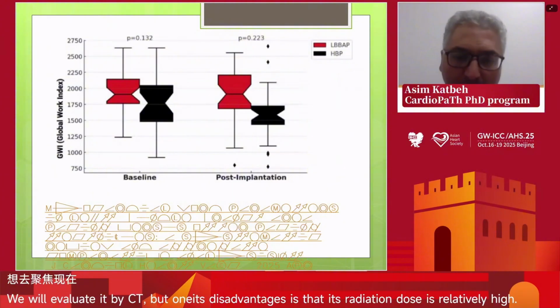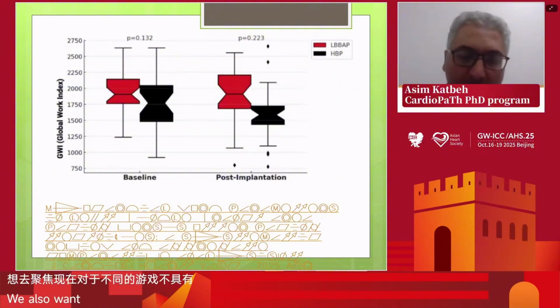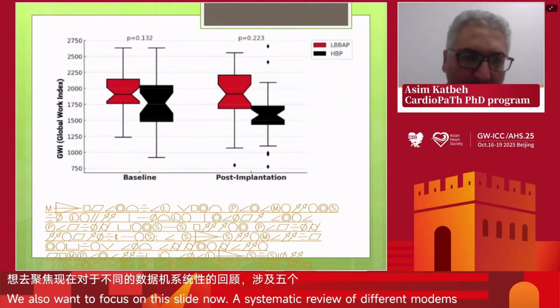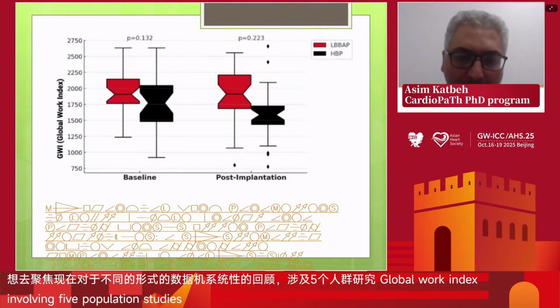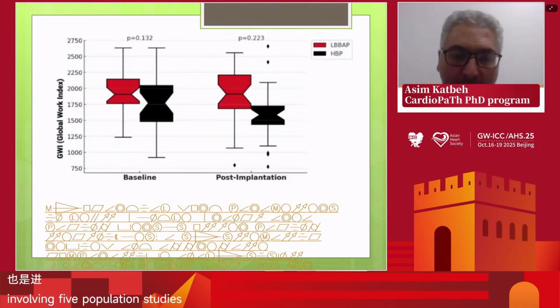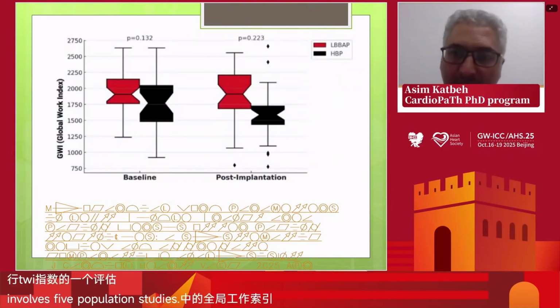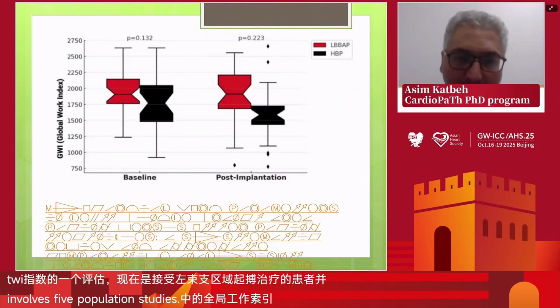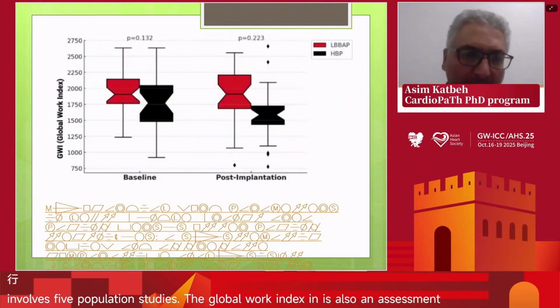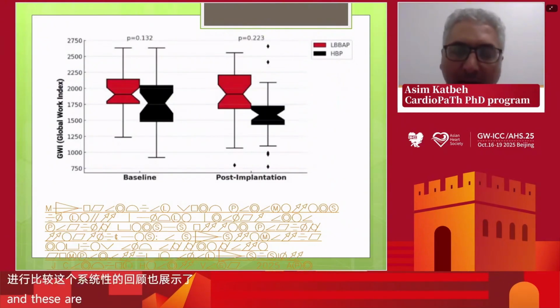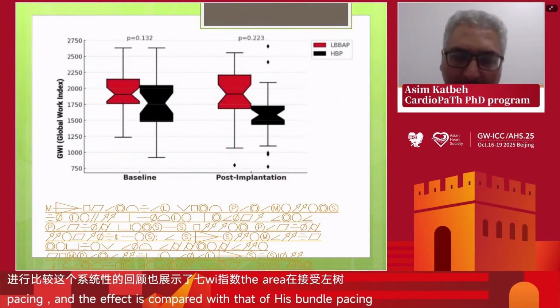This is a systematic review of 5 published studies that measured the global work index in a group of patients with left bundle branch area pacing, compared to other pacing techniques such as His bundle and traditional CRT. This systematic review demonstrated that the global work index improved in the group with left bundle branch area pacing compared to baseline and to the other groups, but the p-value is not significant, and I think a multicenter study is needed to confirm that.